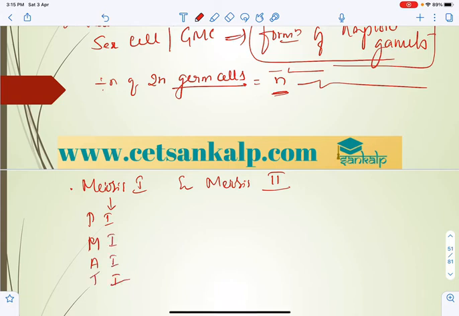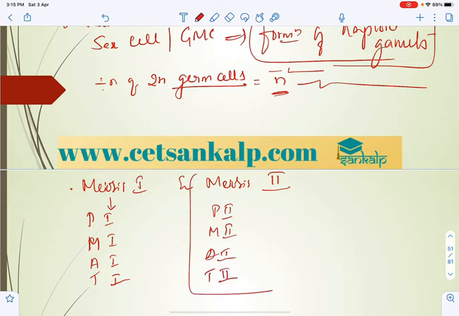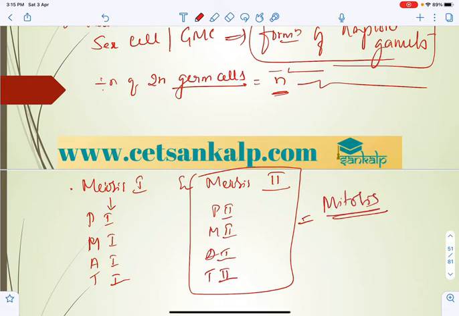Later meiosis 2 includes prophase 2, metaphase 2, anaphase 2, and telophase 2. This meiosis exactly resembles mitosis, which takes place in the somatic cell, whereas here some changes take place.